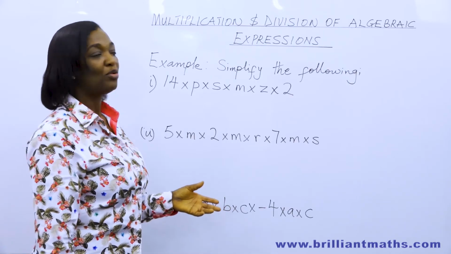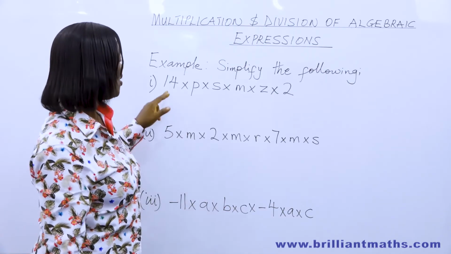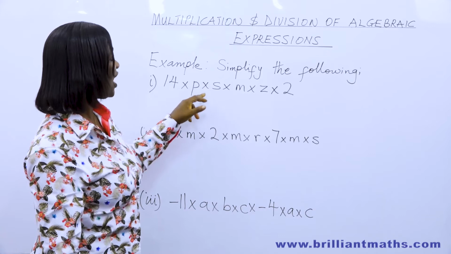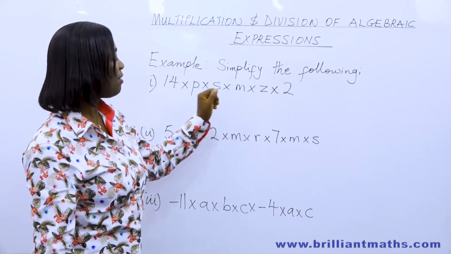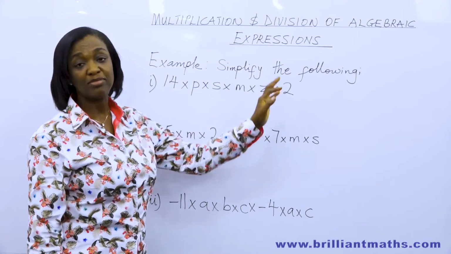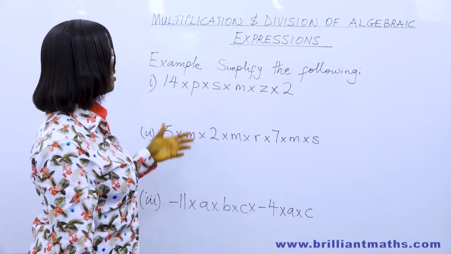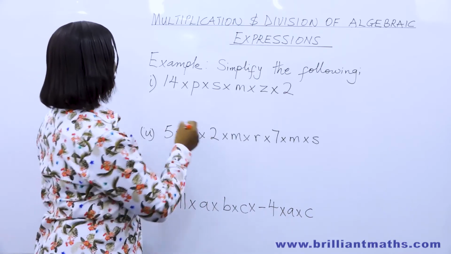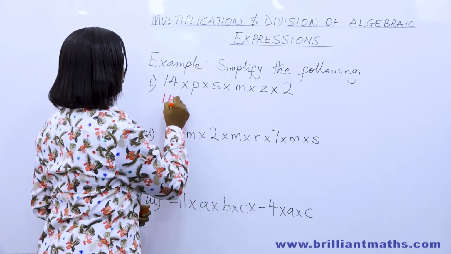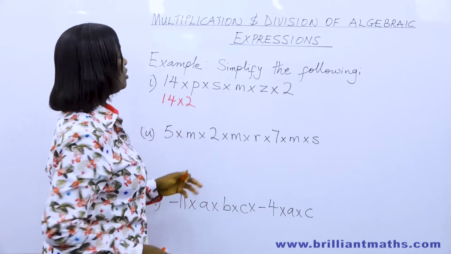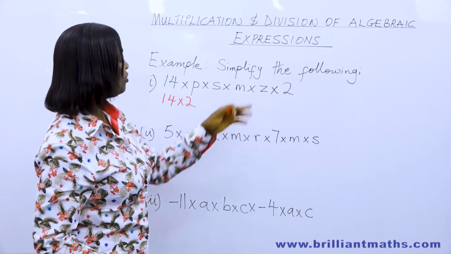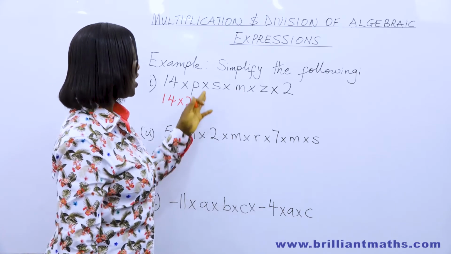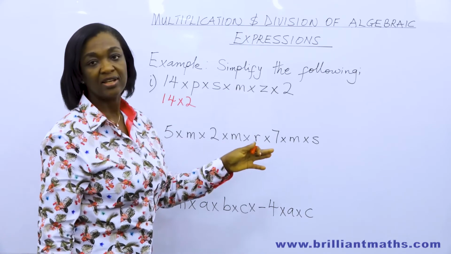In this example, we want to simplify the following: 14 times p times s times m times z times 2. We'll multiply 14 and 2. So let's write them side by side. 14 times 2. The rest are variables, p, s, m, and z.